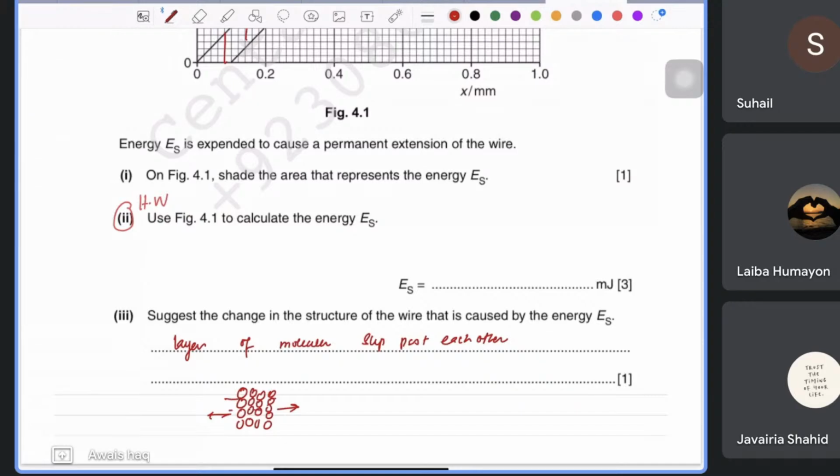This is the reason why they go into plastic deformation: they lose their shape because the layers of the structure move past each other like this.